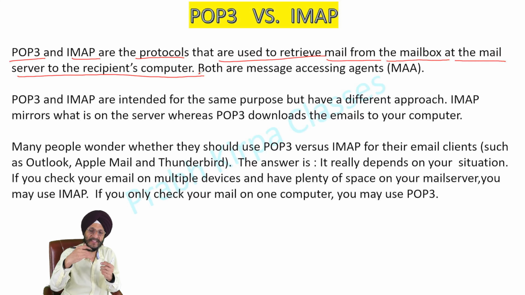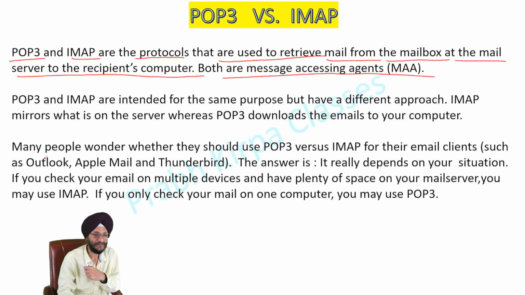That is, when the emails are available on the server, we can look out for the same on our computer. Both are message accessing agents. Both are intended for the same purpose, that is to view the emails, but both have a different approach.